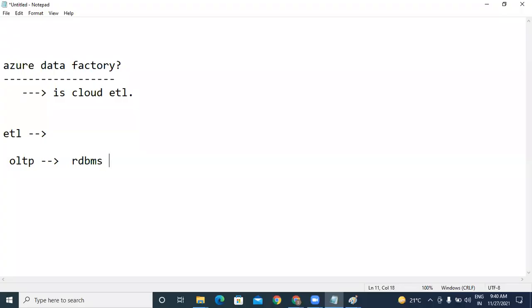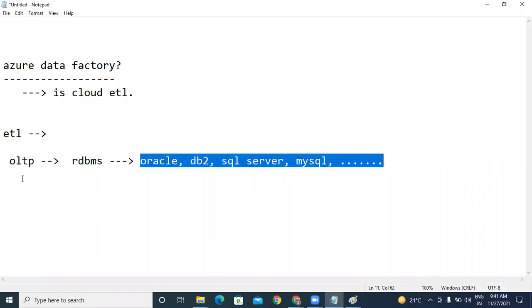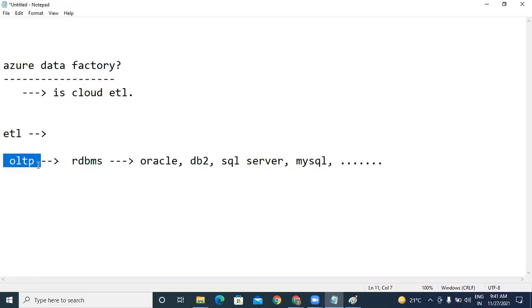The popular ones in the market are Oracle, DB2, and SQL Server, which is a Microsoft product. If open source, there are MySQL and PostgreSQL. Many players are in this field. But all these databases are good only for OLTP, not for the data warehouse.